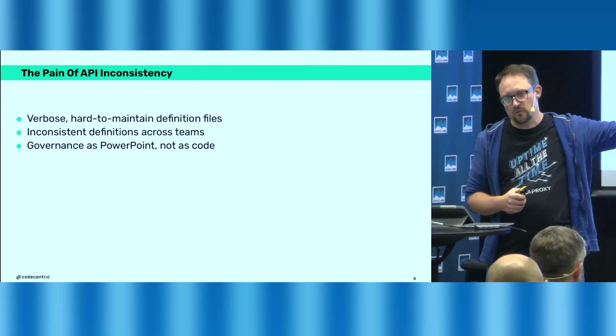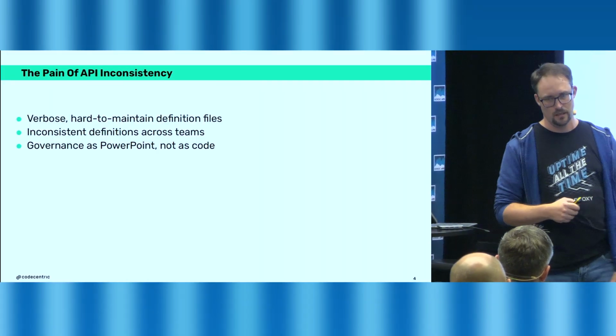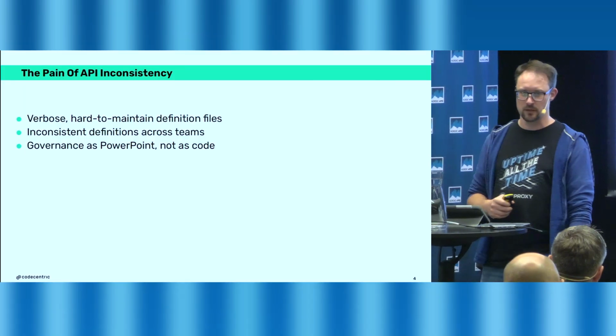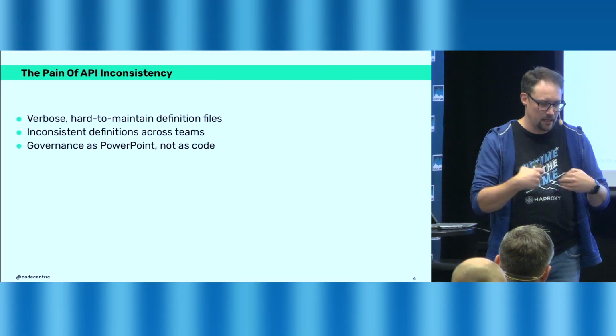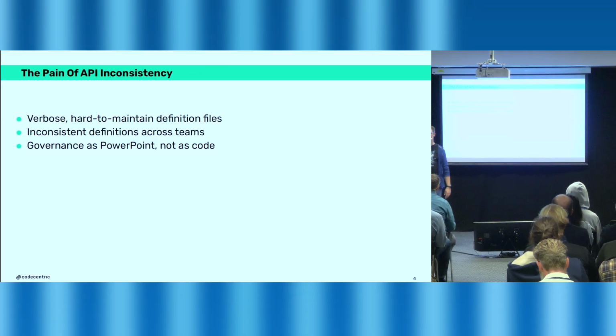So please go to the vendors at the booth and ask them if they have a governance tool. They will say no. Maybe they will refer to Spectral because they read about it. But in the end, when we as consultants go to our customers, we see governance in PowerPoint slides, or we see governance dying in Confluence, because somebody put it there and nobody reads it.